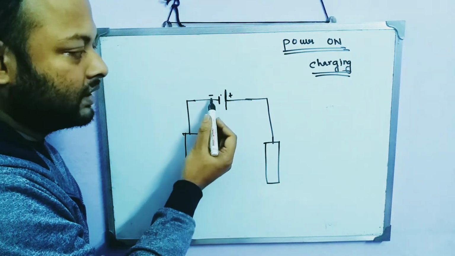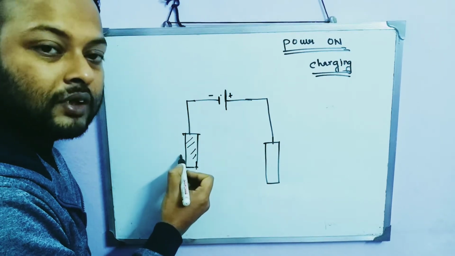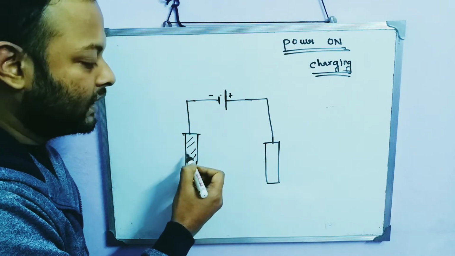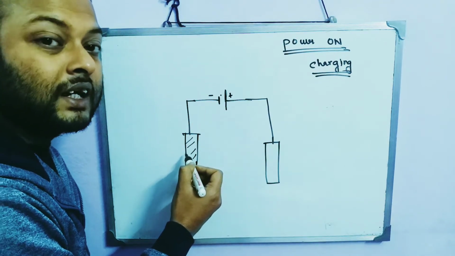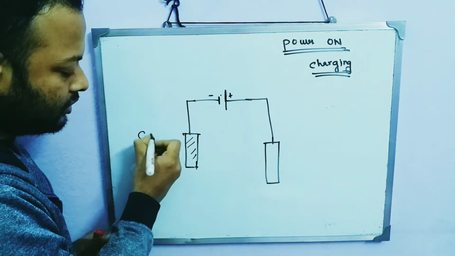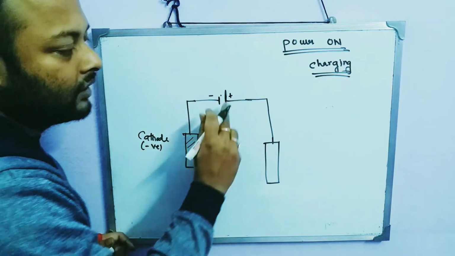This is the negative terminal, so this becomes the negative electrode, and negative electrode means the cathode. So right now this is the cathode, negative, and this is the positive.